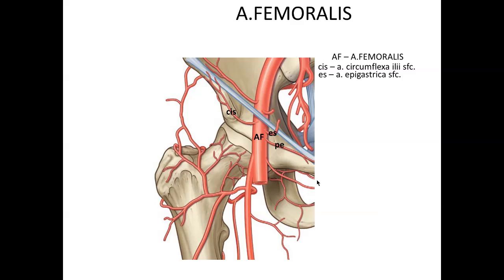And then the third branch is arteria pudenda externa superficialis. We already have said that usually there are 2 such kinds of vessels. That's why another vessel, arteria pudenda externa profunda.